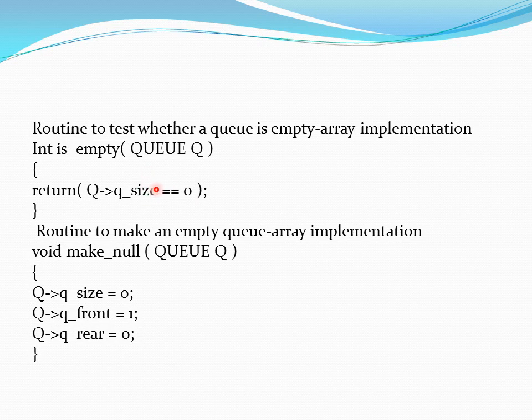If the queue size is equal to 0, it means there is no element in the queue. Next, routine to make an empty queue. Void MakeNull of Q. Here we are setting the size to 0, meaning no element in the queue. Front value as 1 and the rear value as 0.